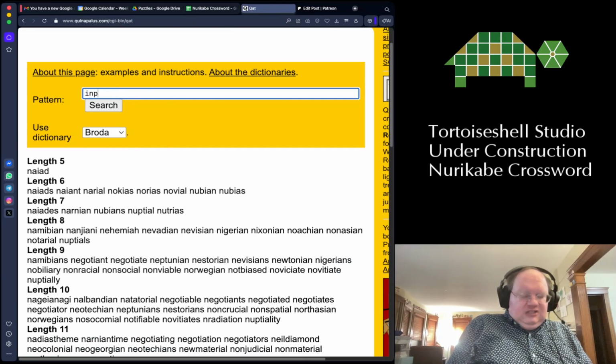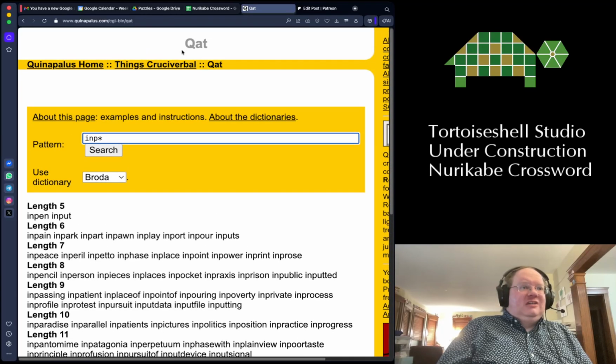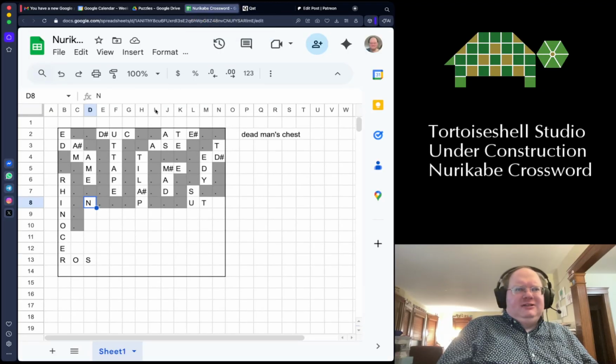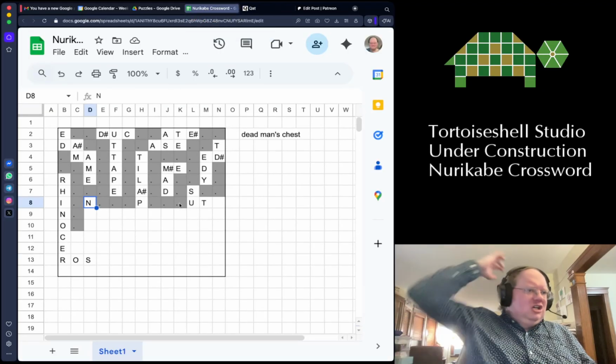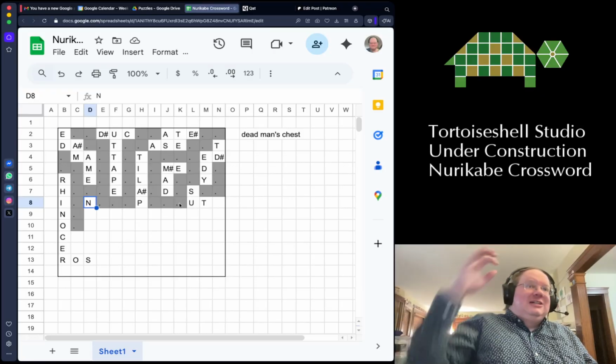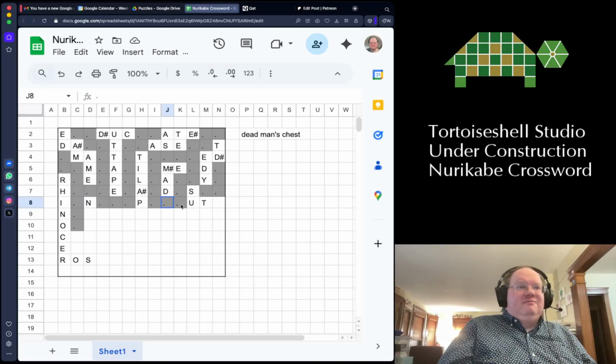INP star. In pen, in part. Can't use in play, or sorry, can't use in place. In place is going to be too long. We can only fit up to three letters after that.